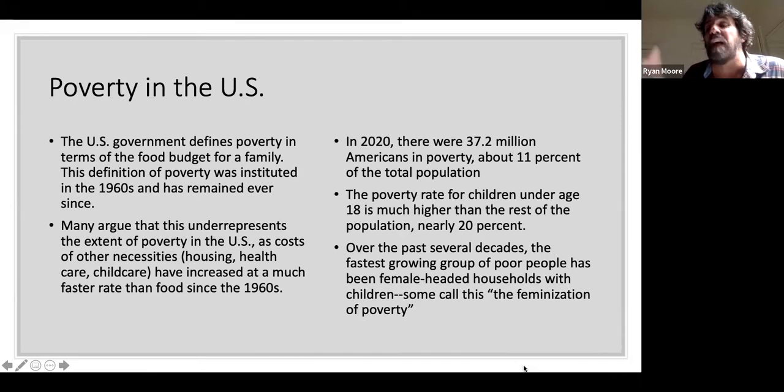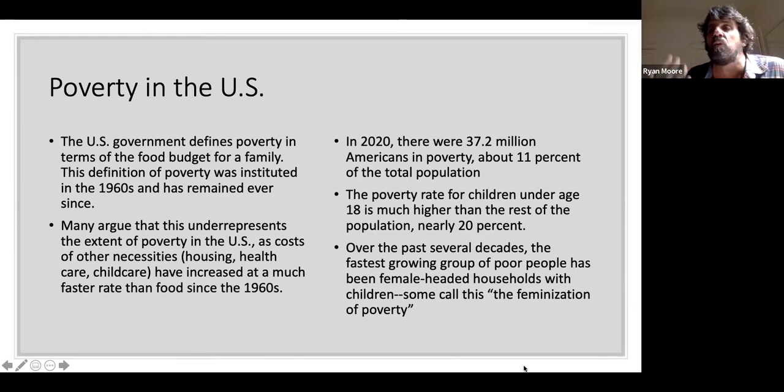And what has happened since the 1960s and 1970s is that the cost of other necessities like housing, healthcare, and childcare have skyrocketed at a much higher rate than the price of food. And so there are more folks going without these basic resources, who are not able to afford these basic resources of housing and healthcare and things like that.